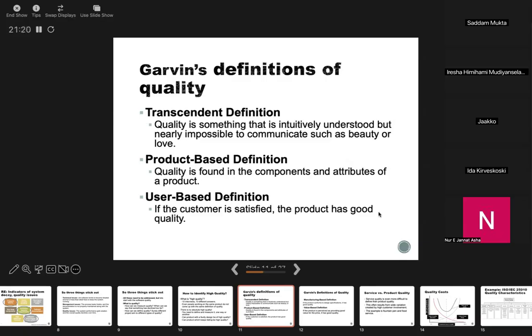For example, quality is not one thing or one matter, or even our mind. Quality connects the human mind and the product or thing that we are developing.